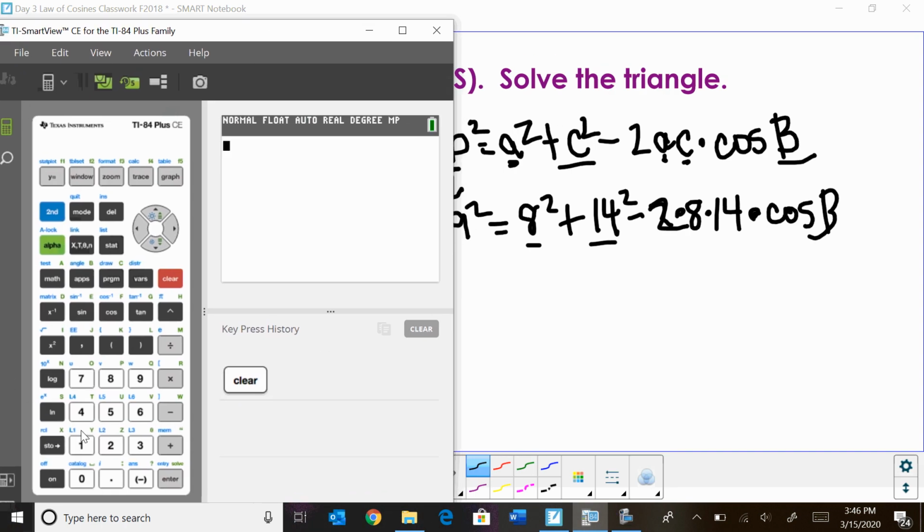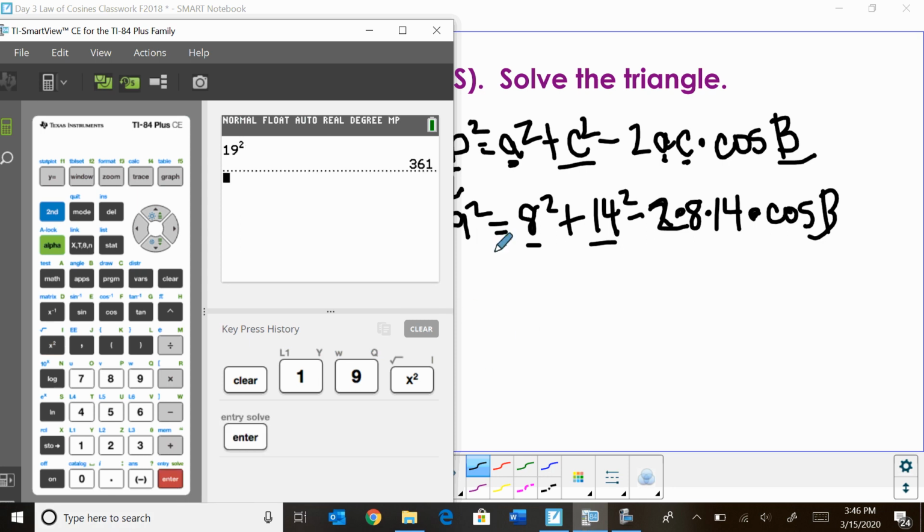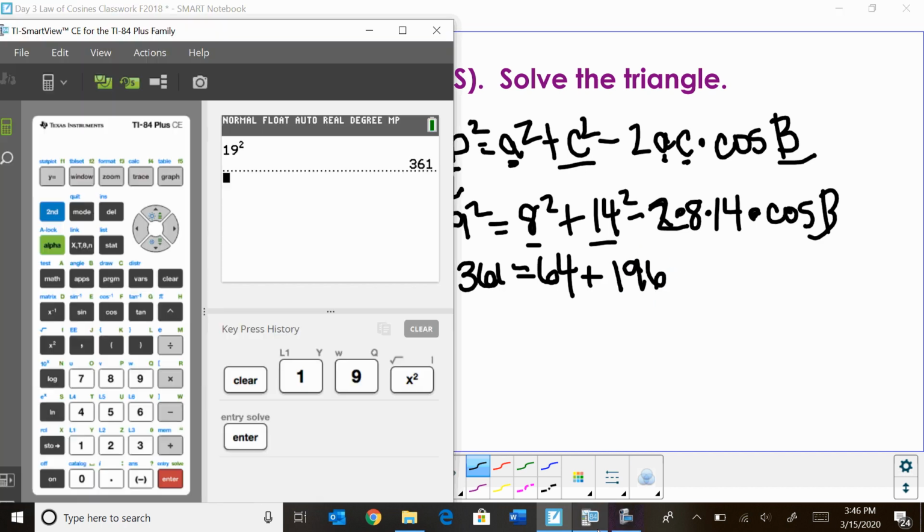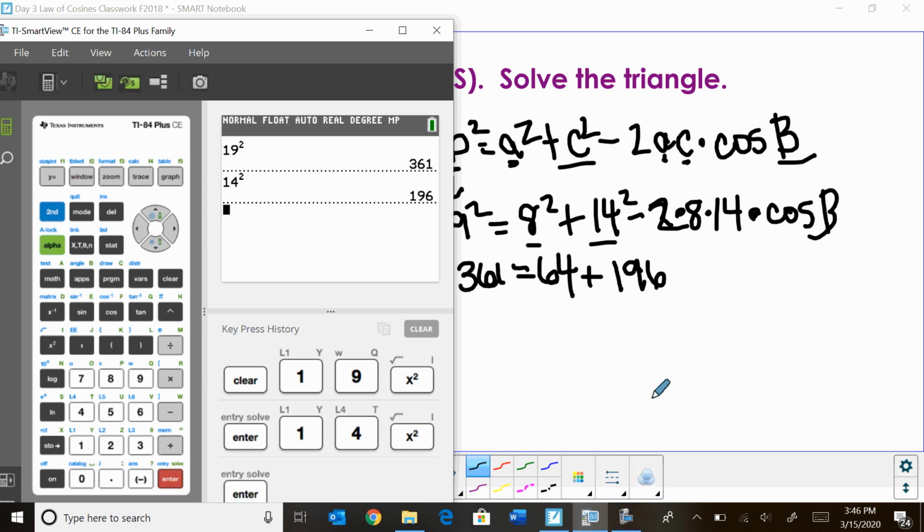So we've got 19, and we're going to square that, and we're going to get 361 is equal to, well, 8 squared is 64, and 14 squared is 196. I'm just going to double check, make sure 14 squared is indeed 196. Yeah, I thought it was.